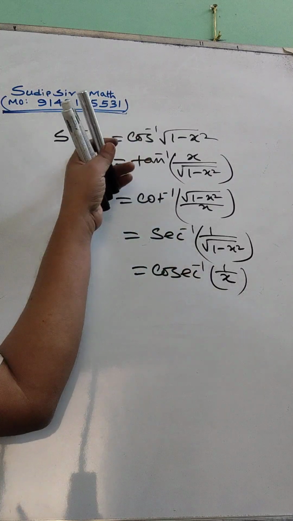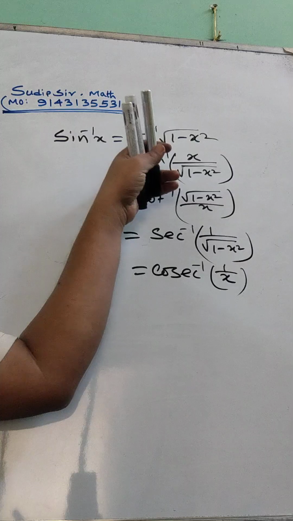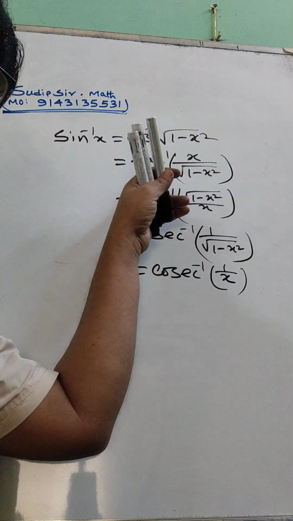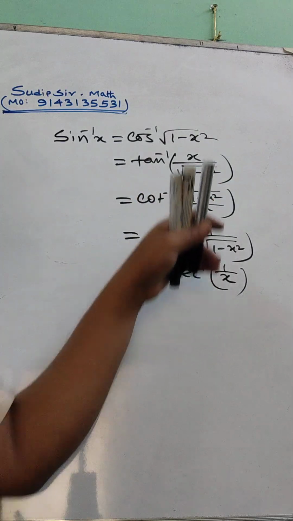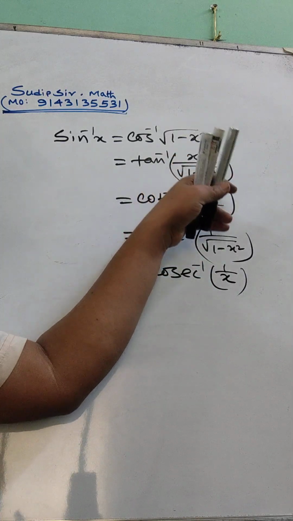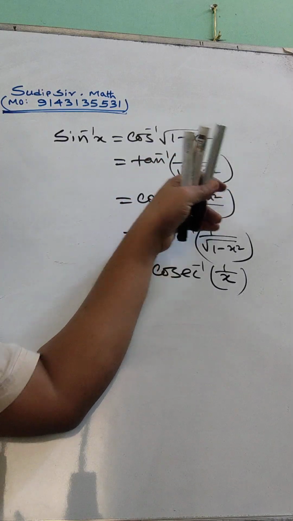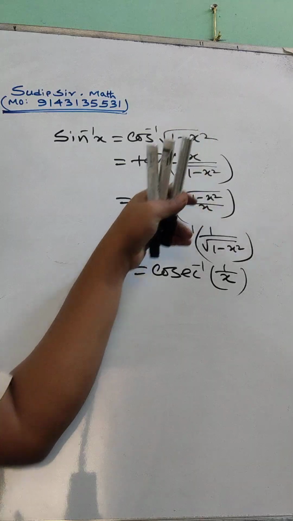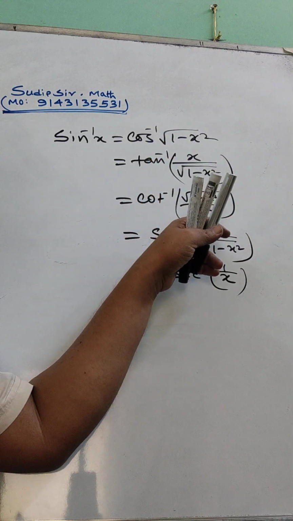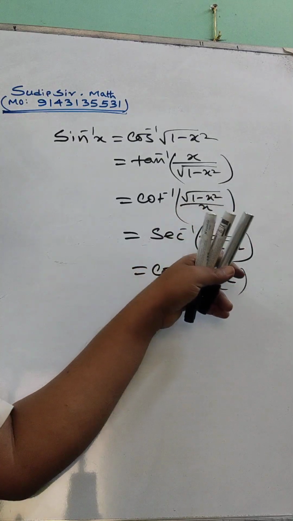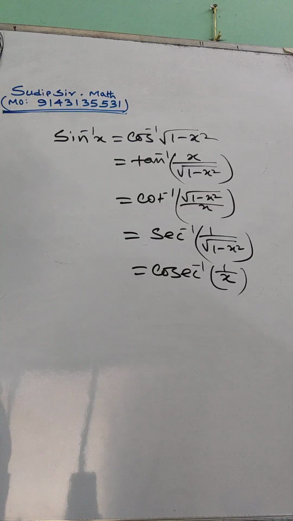So sin inverse x can be written as cos inverse root over 1 minus x square, or tan inverse x by root over 1 minus x square, that is perpendicular by base, cot inverse, this is reverse, root over 1 minus x square by x, sec inverse 1 by root over 1 minus x square, or cosec inverse 1 by x.